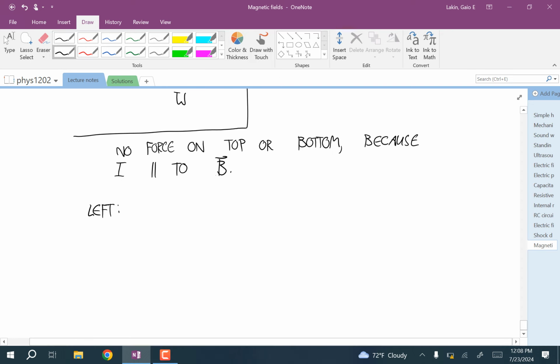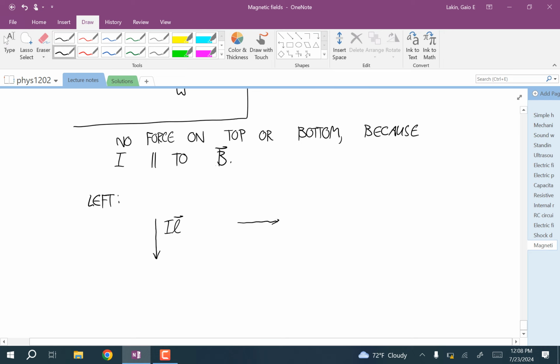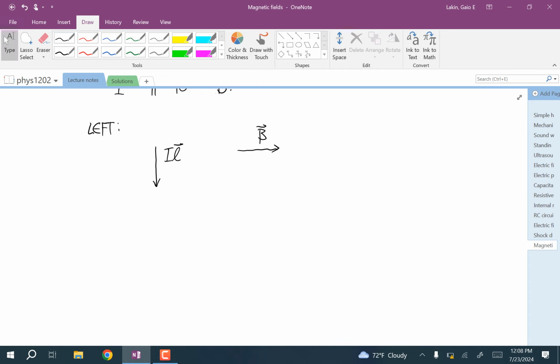Okay, so I times L is down. The magnetic field is to the right. And so if this is our V1 and this is our V2, then to use the right-hand rule here, we have to have our hand like this, okay?